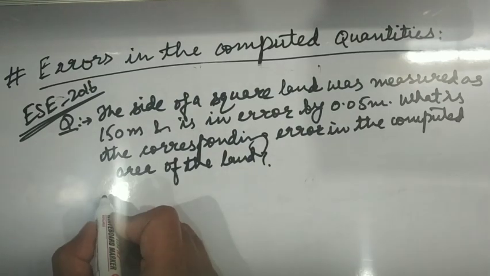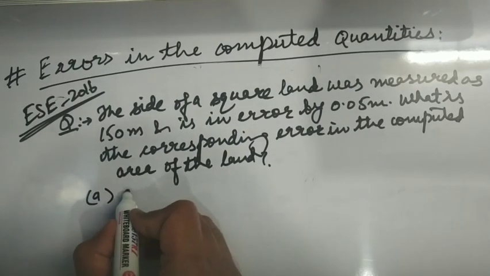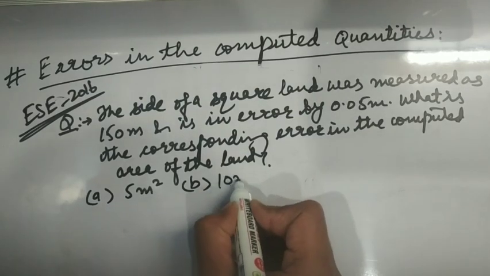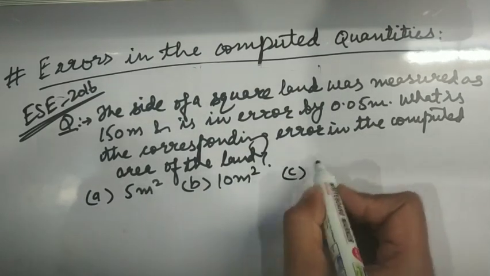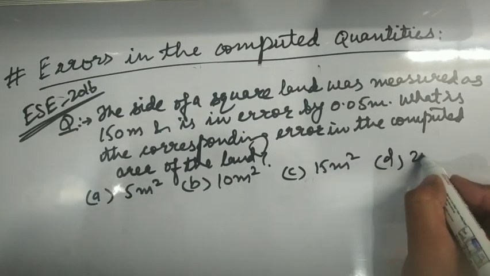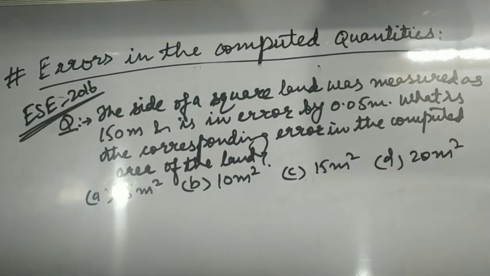The options are A 5 meter square, B 10 meter square, C is 15 meter square, and D is 20 meter square.